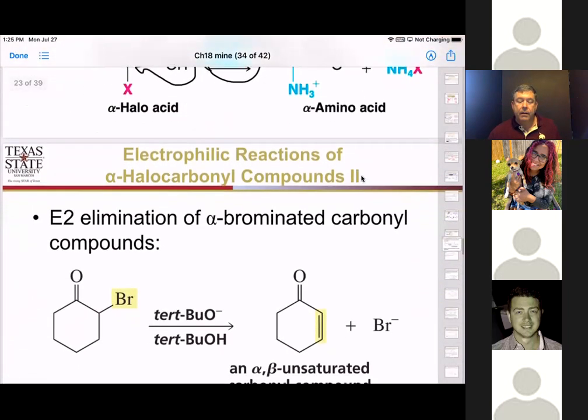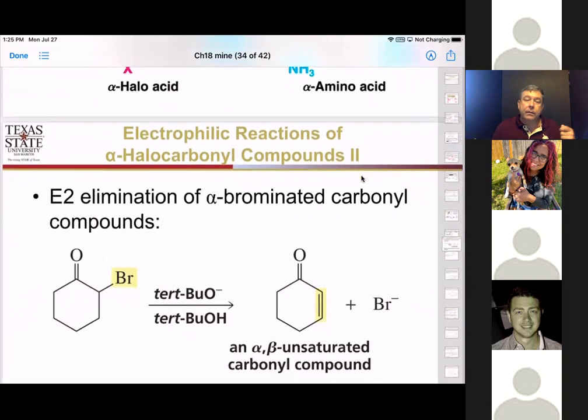All right, so now let's look at elimination reactions with these alpha halocarbons. The first one we can think of is if we have a halogen and we treat it with base, we have the opportunity for going E1 or E2 elimination.